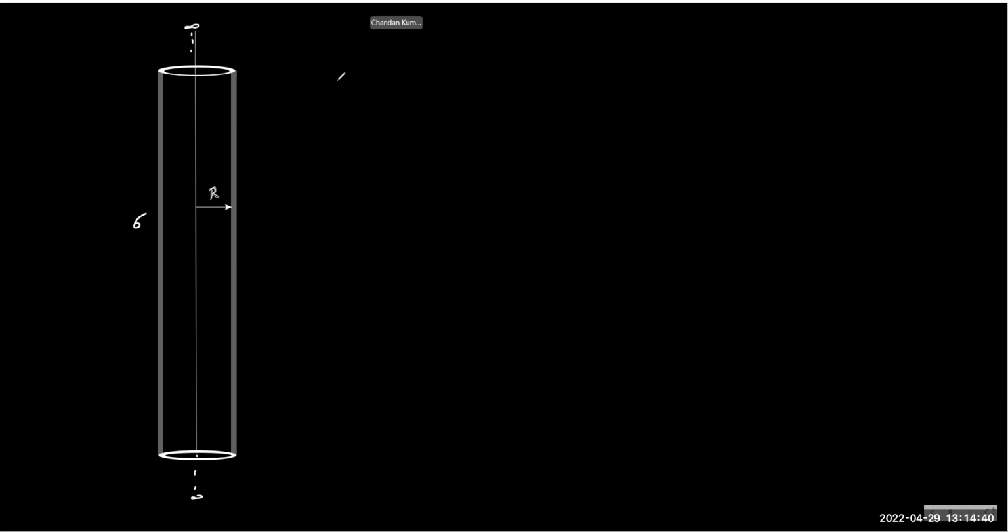So the question is again the same. Find the electric field before and after.